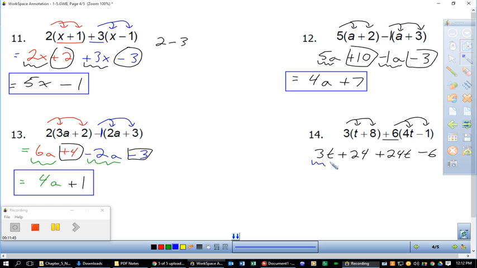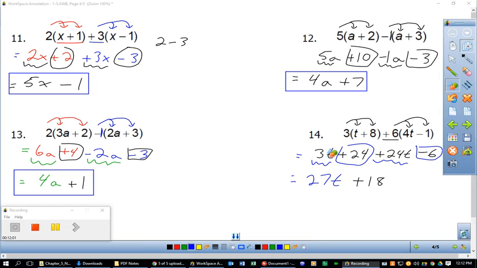Now, like terms, we have 3t plus 24t. That's 27t plus 24 minus 6. So 24 minus 6 is 18. So it's a positive 18, so we're going to have plus 18. So 27t plus 18 is number 14.